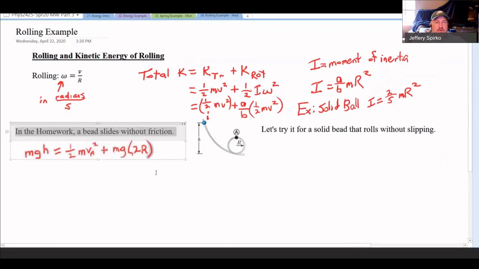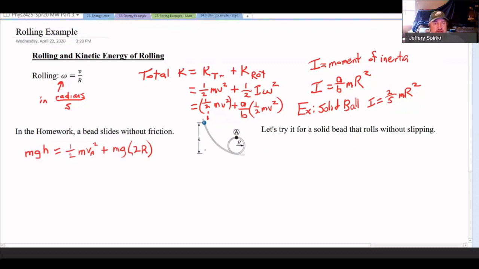The first type, we're going to have a bead that slides along the wire without friction. And the second time is we're going to try it for a solid bead that rolls instead of just sliding. So let's see how the energy analysis looks different.